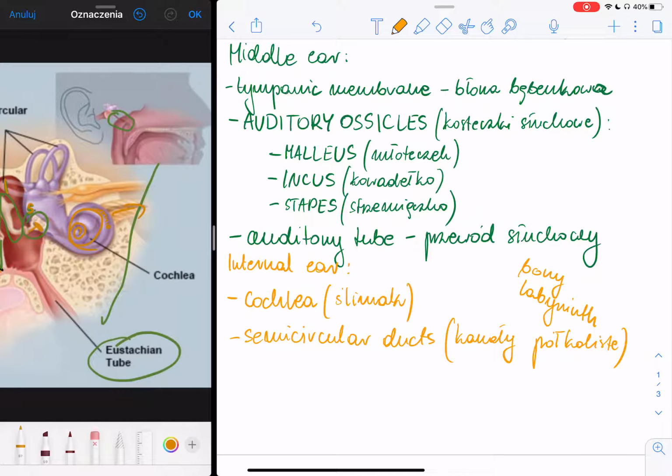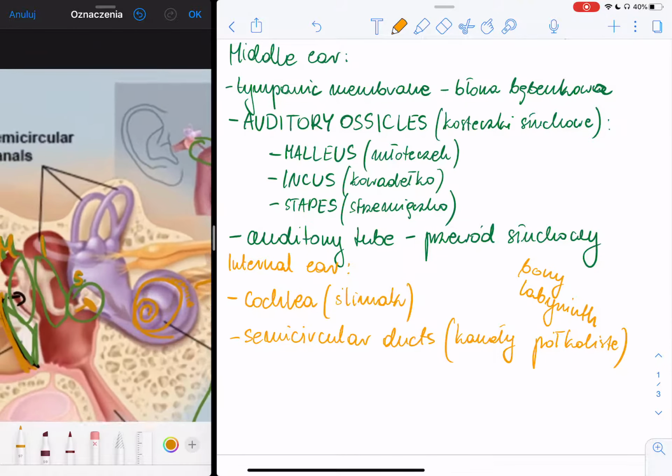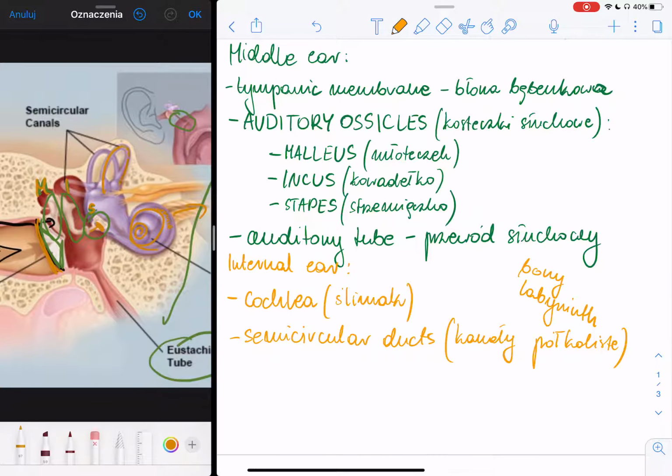And we have also the semicircular ducts, which are here. We have 1, 2, and 3 of them, and they are all located in 3 dimensions. And guys, those are the organs that act just like a gyroscope that you have in your phone. Gyroscope enables the phone to sense the position of the phone, and the same is the case with semicircular ducts.